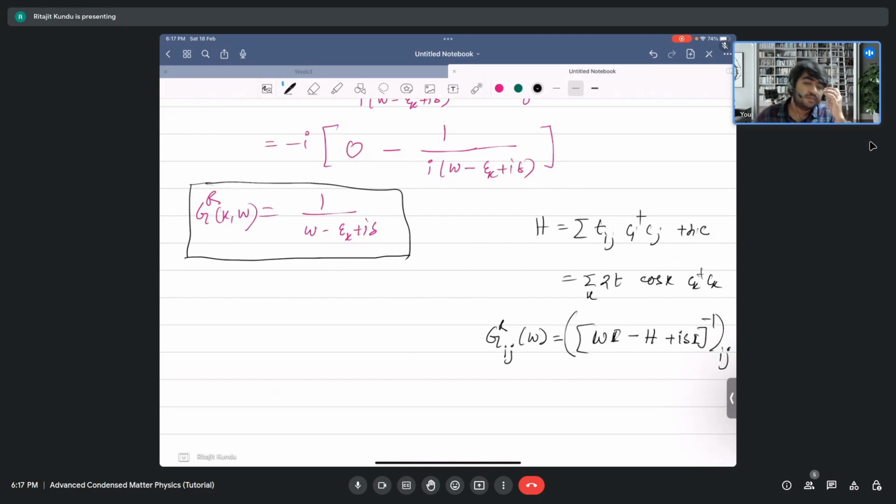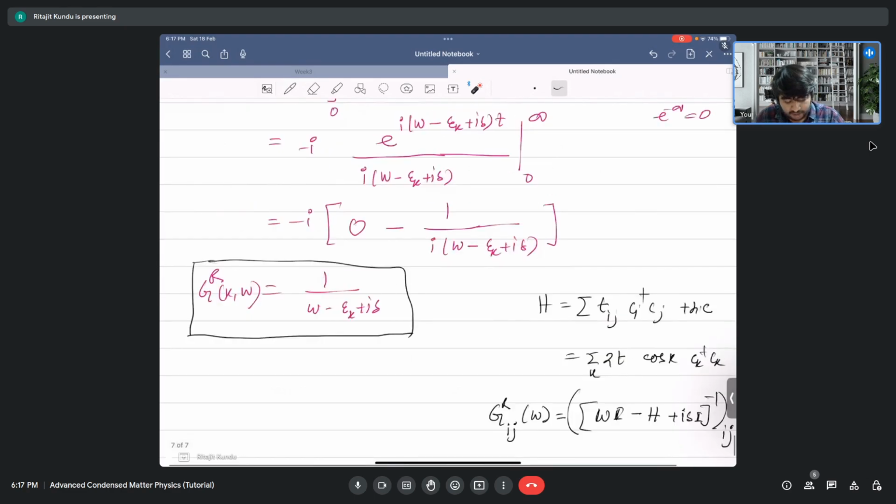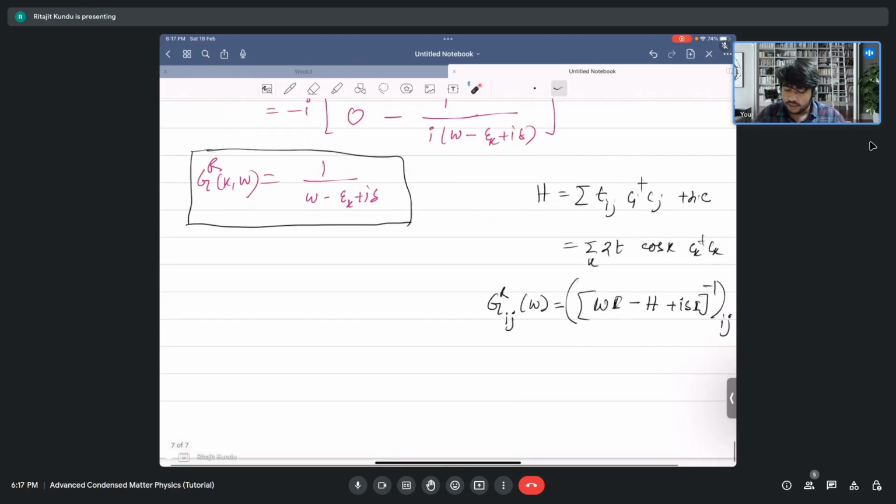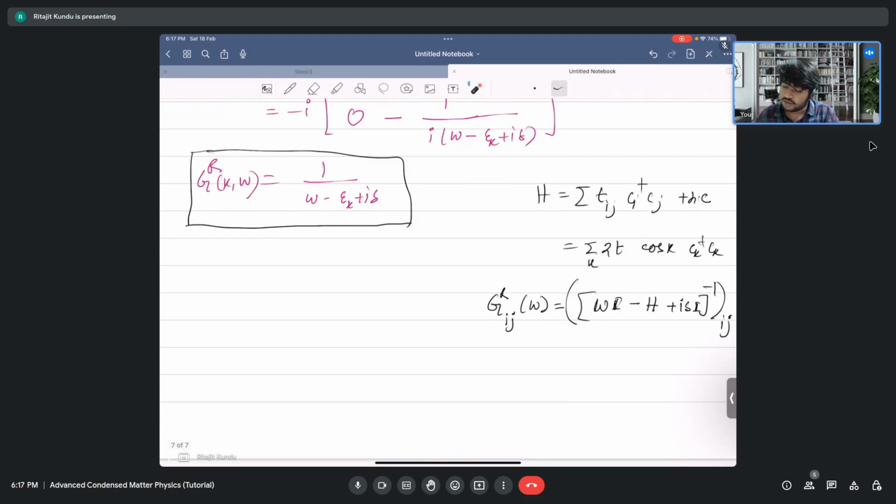It always has this kind of inverse structure, omega minus H. If you are not dealing with a diagonal Hamiltonian, you will have to actually evaluate this inverse. But if you're dealing with a diagonal Hamiltonian, it is just like this. Any other questions?